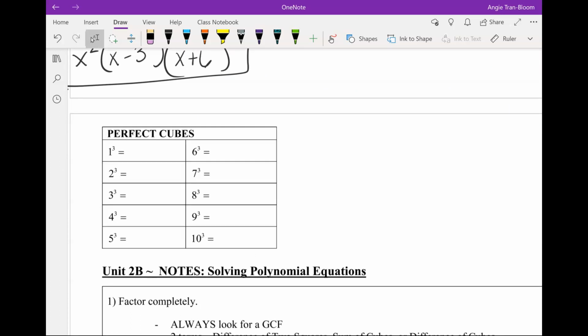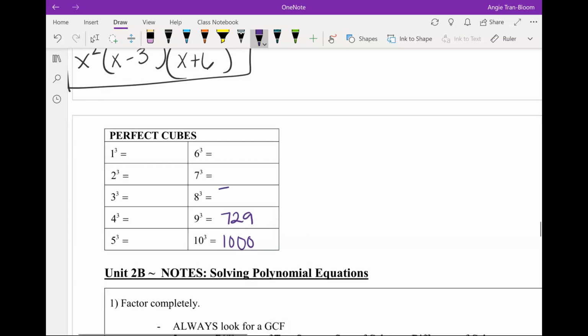Diego, we're going to go backwards. What's 10 cubed? Good job. Okay. Megan, what's 9 cubed? 729. All right. Tyler, what's 8 cubed? 512.